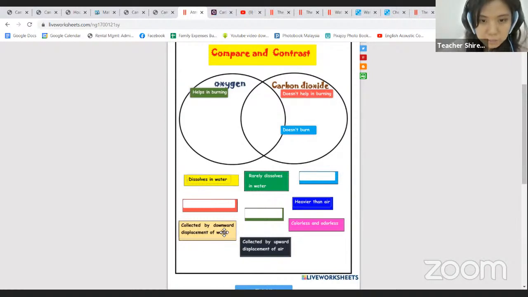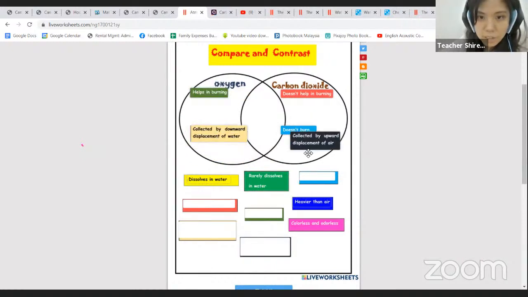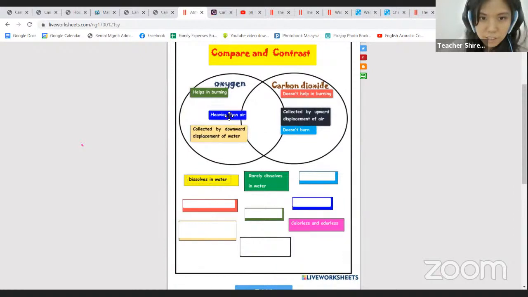Okay, so collected by downward displacement of water, because oxygen is heavier, so it's on the bottom. Carbon dioxide is lighter, so it's on top. So this is also heavier than air. Then carbon dioxide dissolves in water, that's why it turned milky or cloudy or chalky.